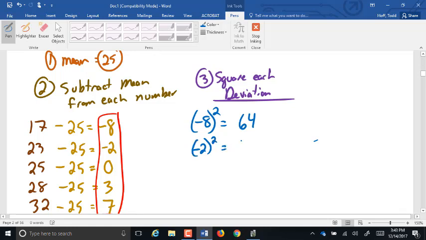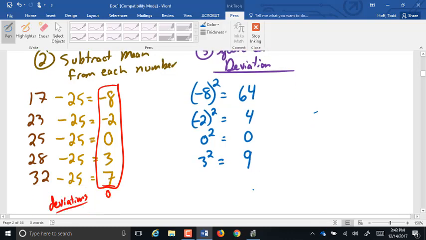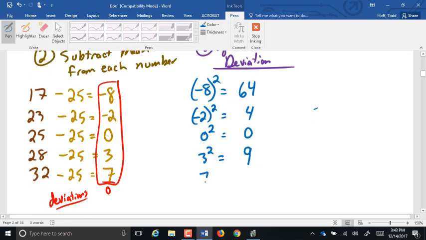Negative 2 squared is 4. 0 squared, 0. 3 squared, 3 times 3 is 9. And finally, 7 squared is 49.